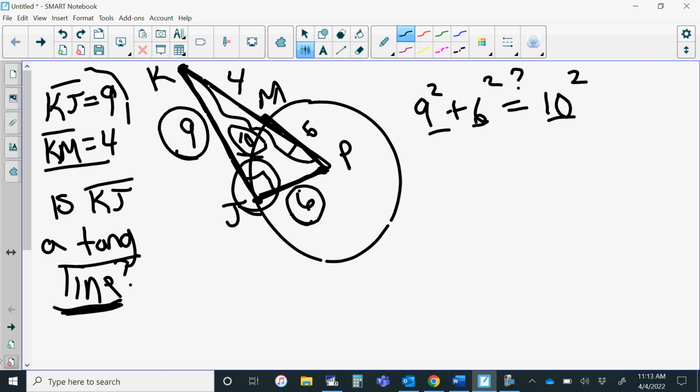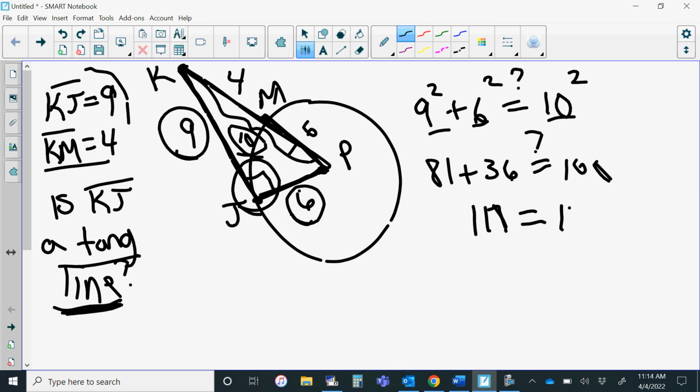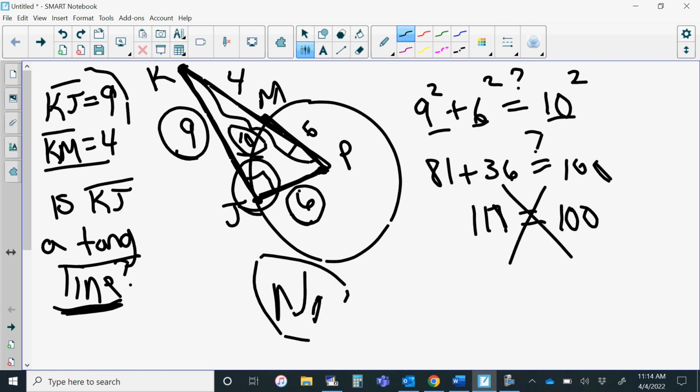It is not. Because when you do this, you get 81 plus 36. And I'm questioning, does that equal 100? And when I do this, I get 117 equals 100. No, it does not. Therefore, no, this line is not a tangent line.